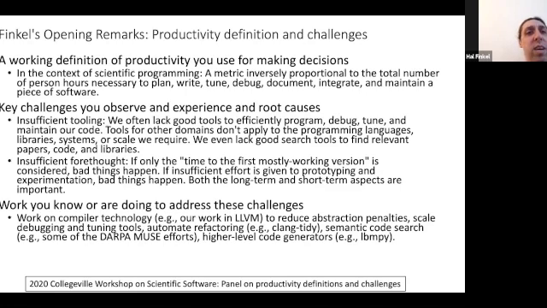So I would highlight two key challenges to increasing productivity. One of them is a technical challenge and the other one is a human challenge. The technical challenge has to do with insufficient tooling. And in my environment, we often work on large-scale machines.